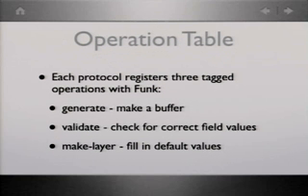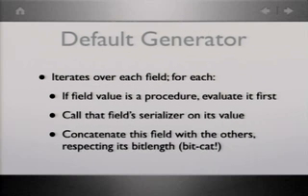Generate actually produces a byte buffer that can be sent out on the wire or saved to a file. Validate reports on which fields contain correct values. It actually returns a list of booleans telling you whether or not each field is valid. And make layer creates an instance of a protocol layer and fills in any unspecified values with the appropriate defaults.